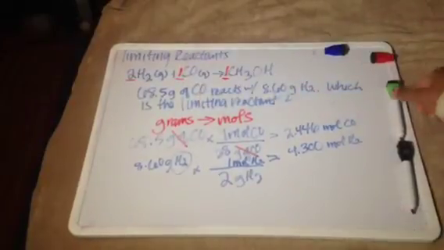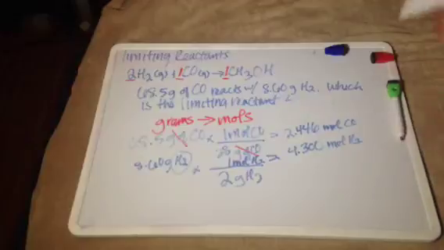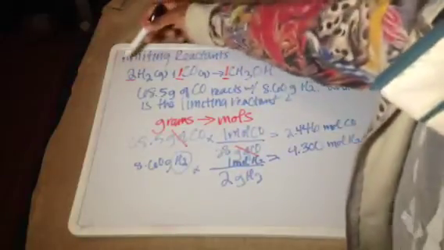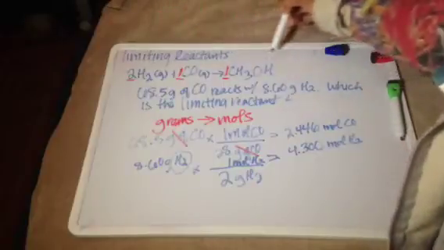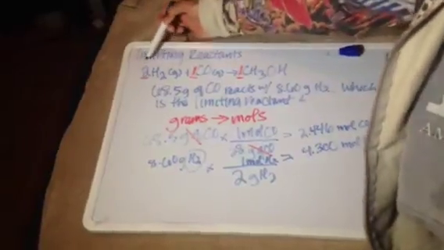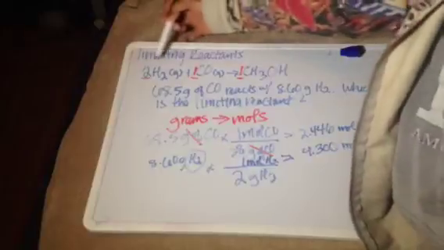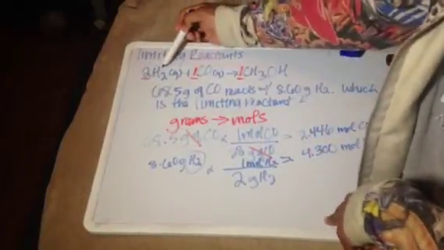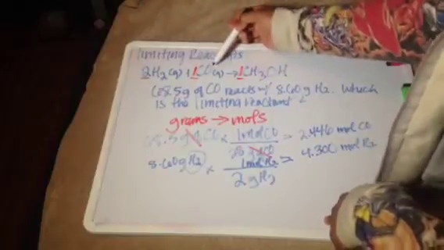Okay, so let's do that. And this is going to be our theoretical, right? Because we didn't calculate anything to determine this. This was solely provided by our chemical reaction. So theoretically, 2 moles of hydrogen will react with 1 mole of carbon monoxide.